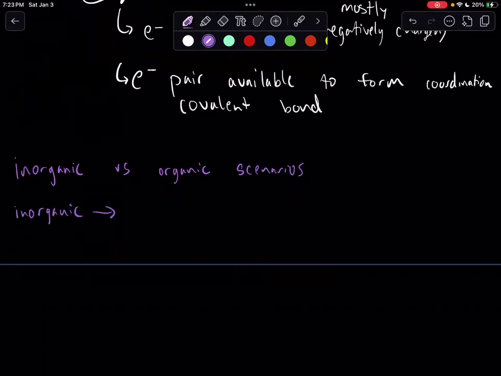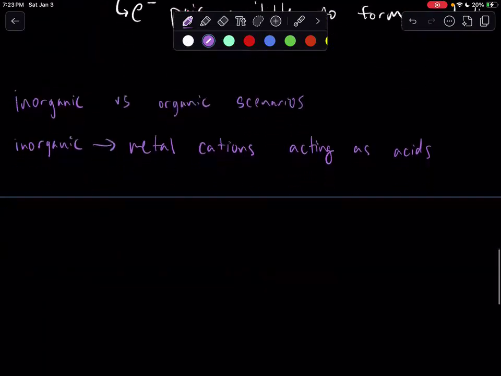In inorganic scenarios, what we're generally looking at is metal cations acting as acids, as we explained earlier. And so when we look at that, they're going to have their positive charge, which will be there available to accept the electron pair.